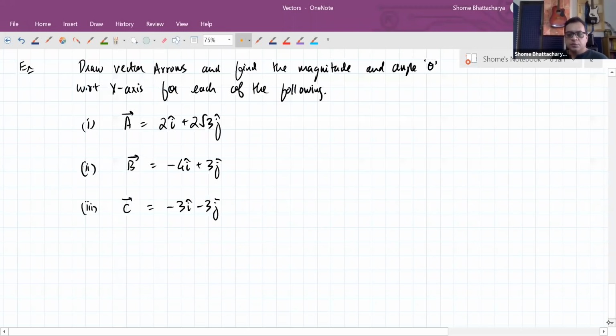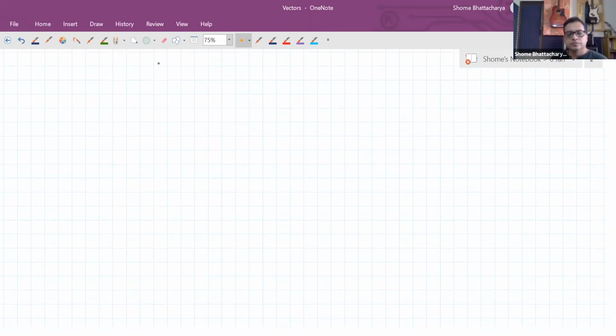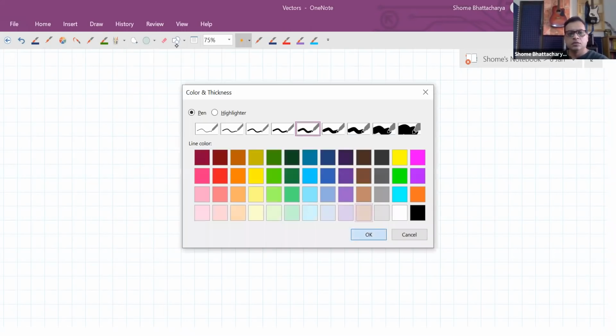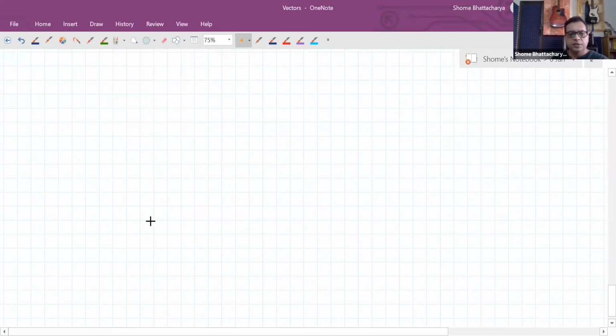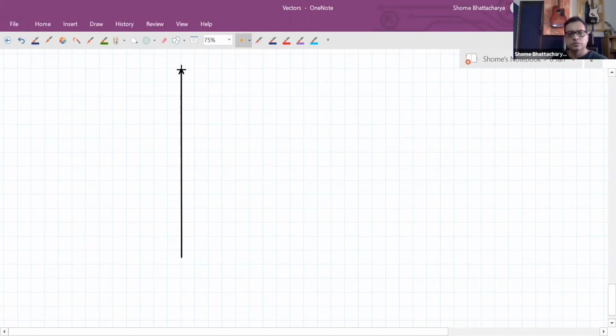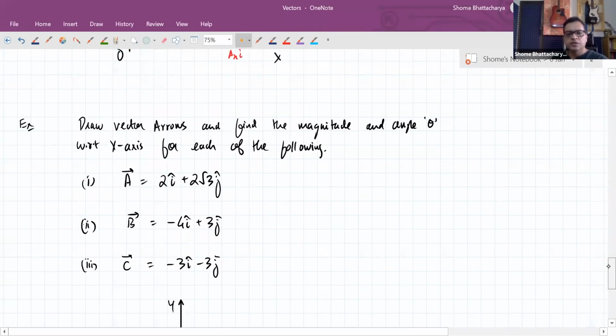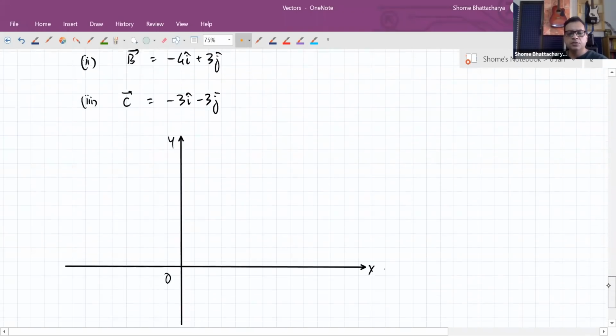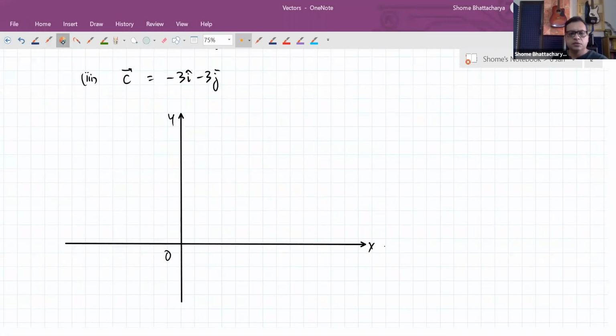Okay, so let's understand each of these parts. So we have our xy plane. With respect to that, now we will draw each of these vectors. The first vector given to us was a, which was 2 i cap plus 2 root 3 j cap. So let's start with that one.